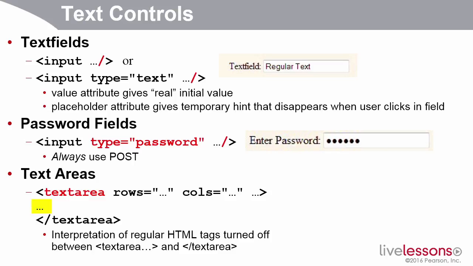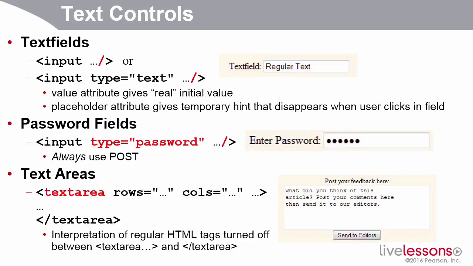So the text area, in addition to gathering input from users, is used to display HTML text as long as the HTML text that you're displaying to the end user doesn't contain the end text area tag. So it might look something like that.